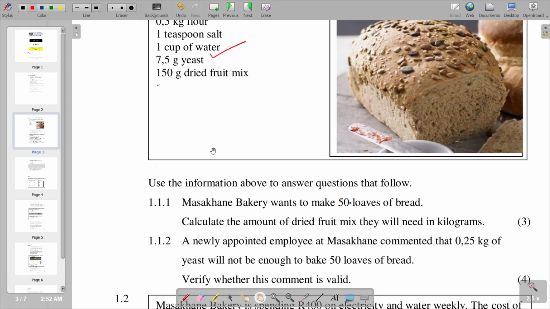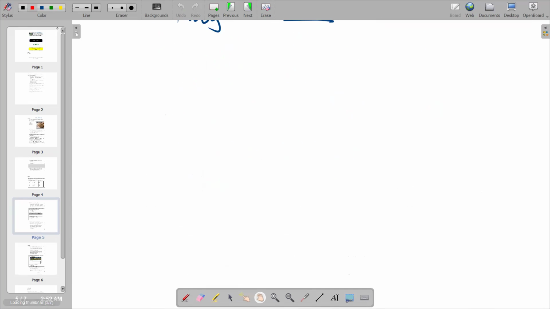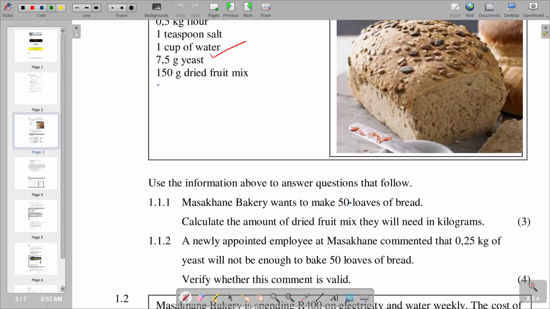So we present it as such, this is now 1.1.2. We are saying 0.25, this is 0.25 kgs, and then we divide by the 7.5 grams of yeast representing one loaf.